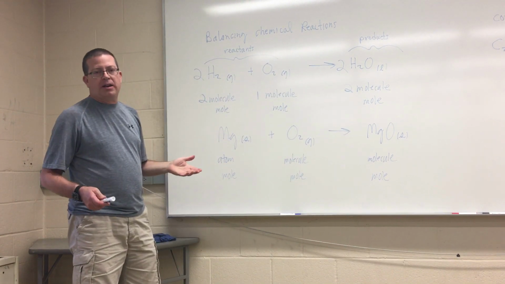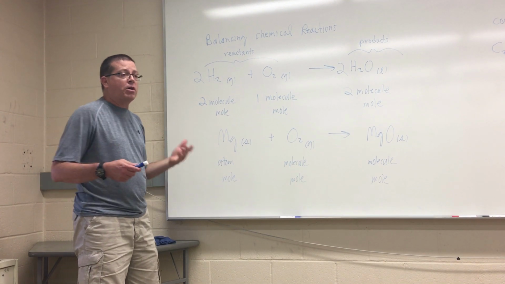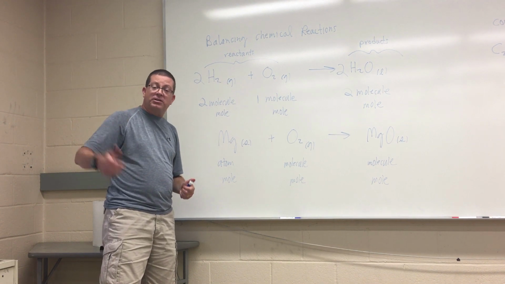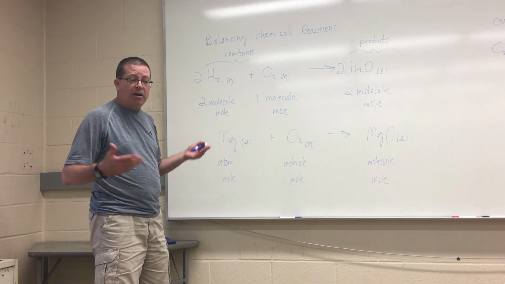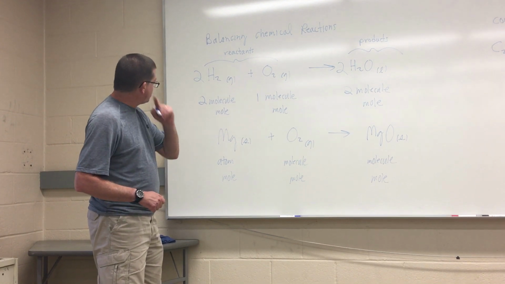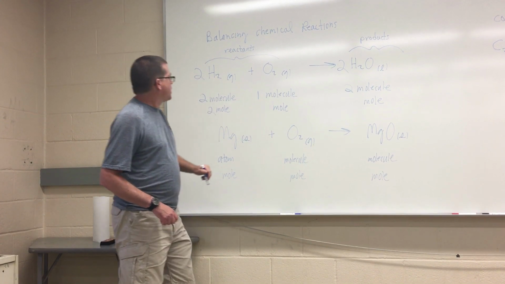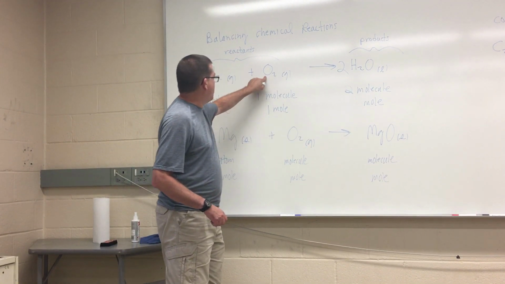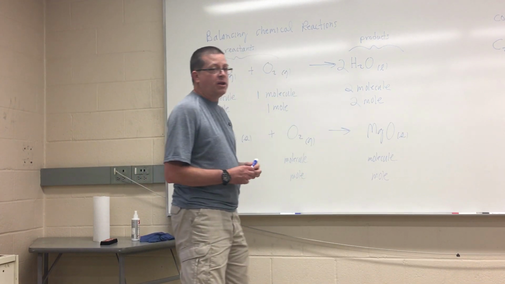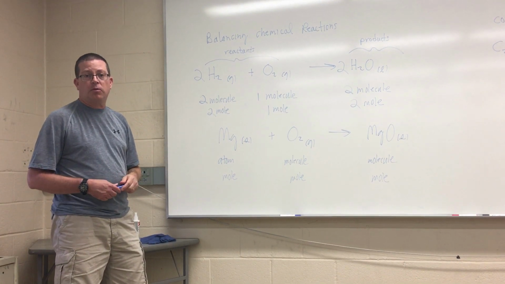Now I can also scale that up to the mole level as well, because normally when we're working in the laboratory, we're not working with individual atoms and molecules. We're working with gram amounts of substances, which we can then think about in terms of molar amounts. So I could also say, by just scaling this up, that 2 moles of hydrogen can react with 1 mole of oxygen to give me 2 moles of water.